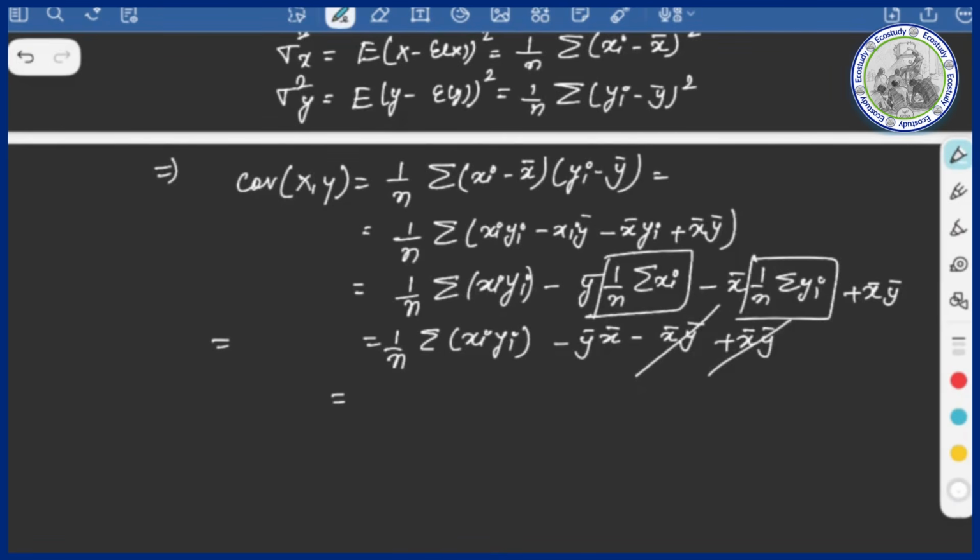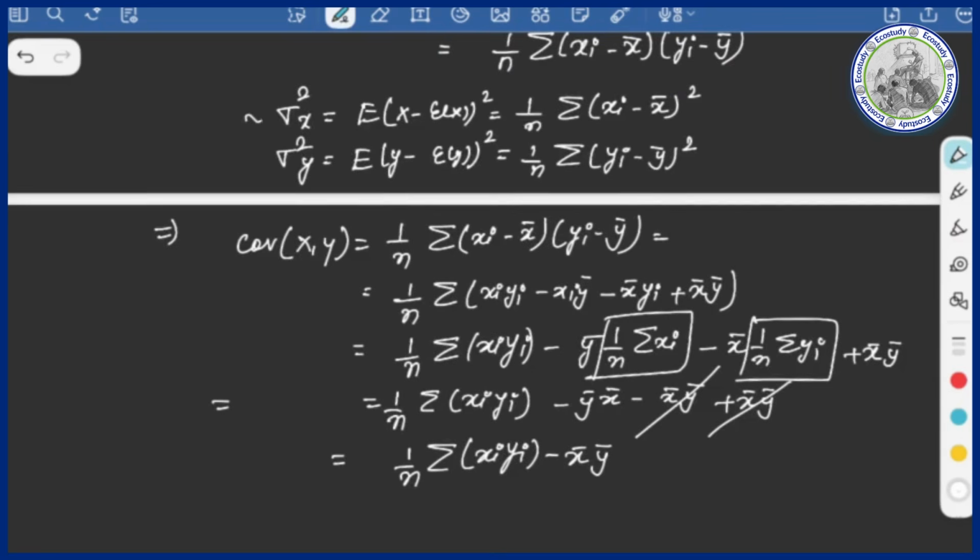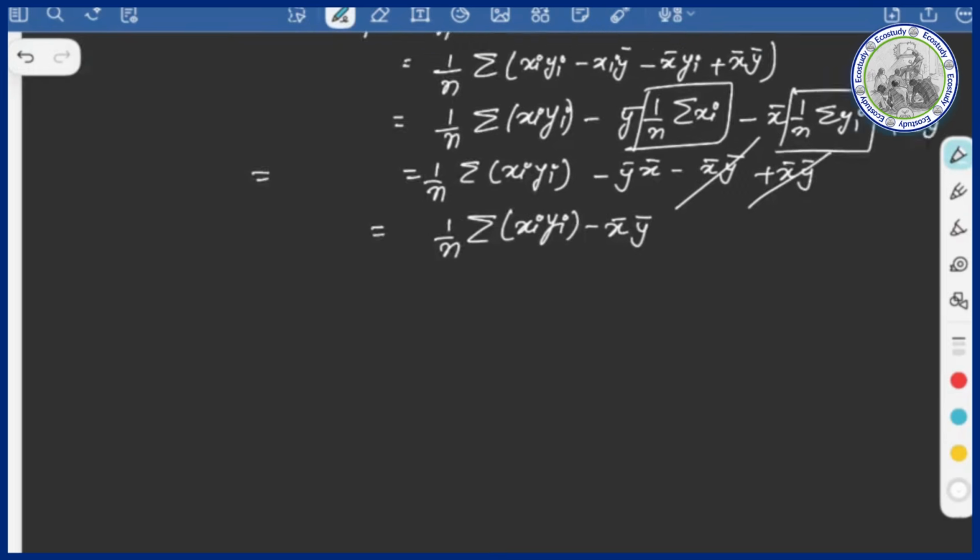Cancelling, what do we get? We get 1 upon n sigma xi yi minus x bar y bar. And for sigma squared x and sigma squared y we get the variances as above.